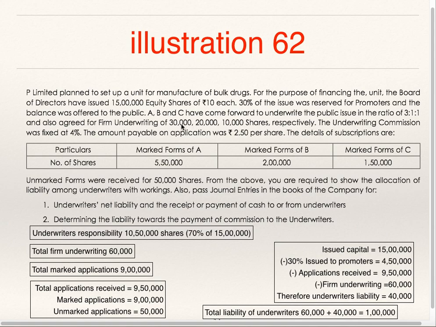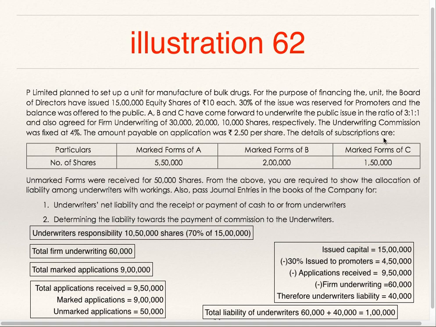So total firm underwriting is 60,000. The underwriting commission was fixed at 4%, payable on gross liability. The amount payable on application was 2.50 per share.